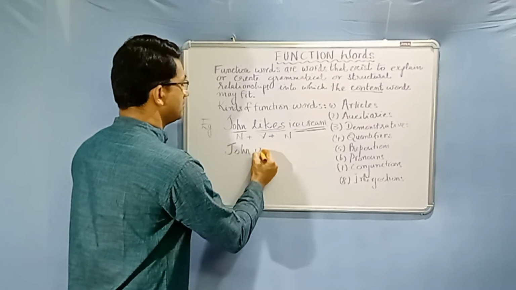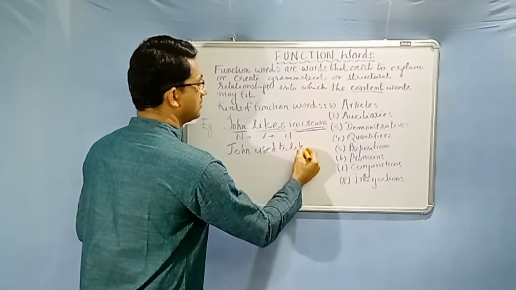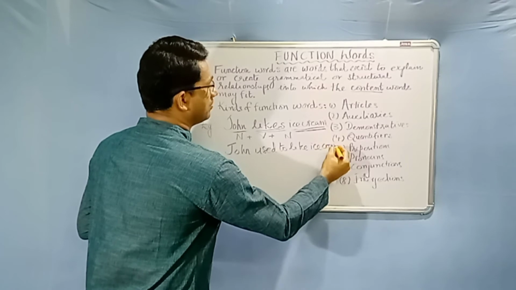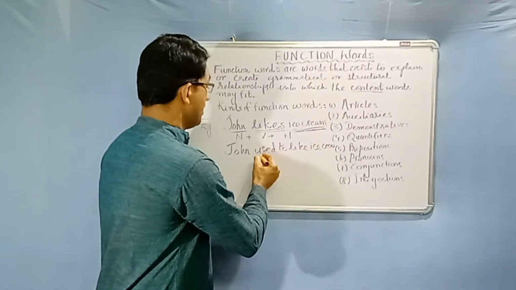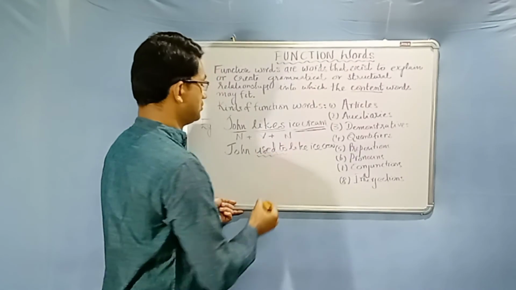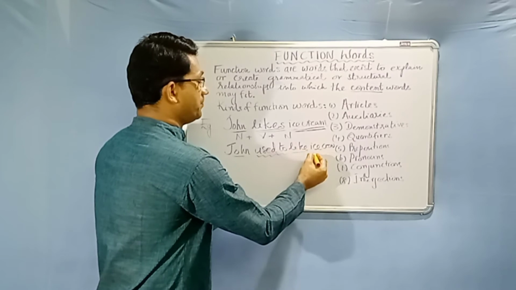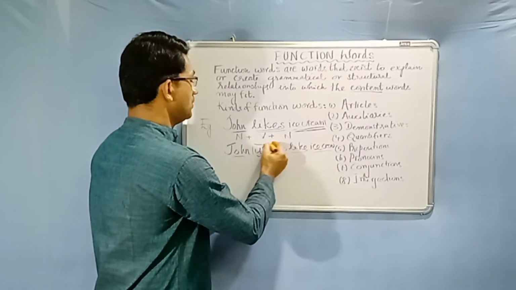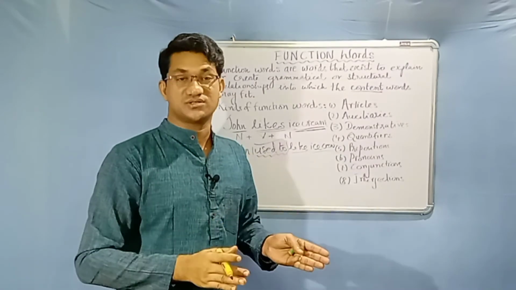John used to like ice creams. So in this context, we have a new word like used to. John is the noun, like is the verb, and ice creams is another noun. But we have a new element here, used to. John used to like ice creams.